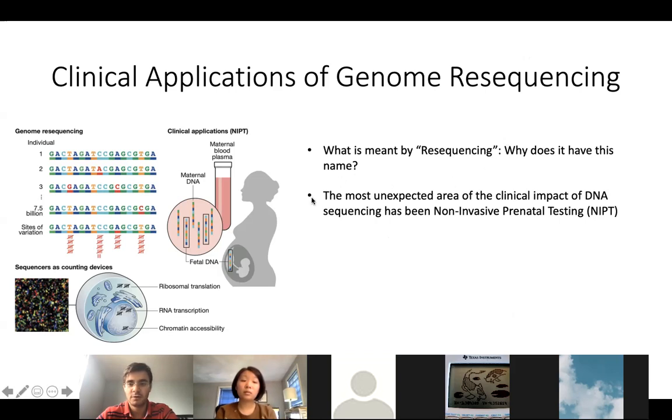Almost 6 years ago, when we had my son, we actually did this non-invasive prenatal testing, and we got to know his gender by sequencing. So the most, they say here, unexpected area of impact of DNA sequencing is non-invasive prenatal testing that is used in the United States, at least, for what they call family planning.